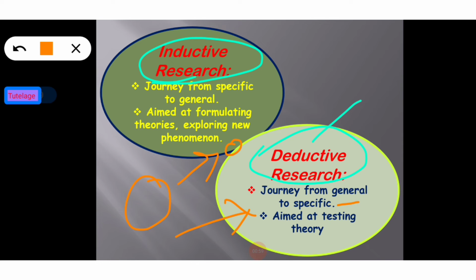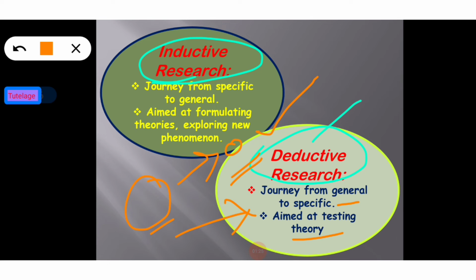Deductive research is aimed at testing a theory. It is a journey from general to specific, where the researcher considers an already established theory and tests its implication on a particular or specific sample.